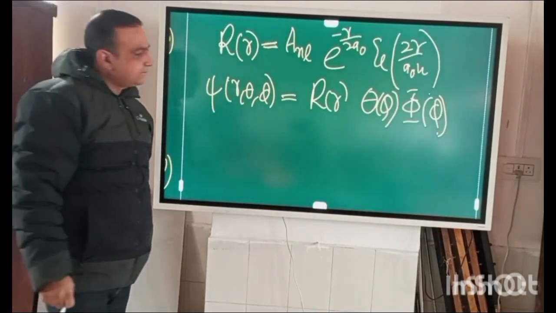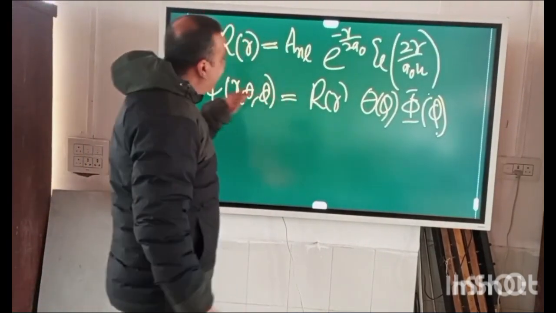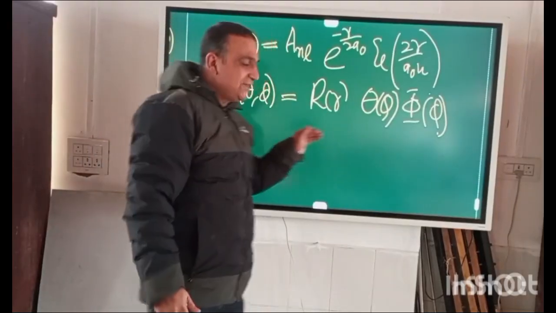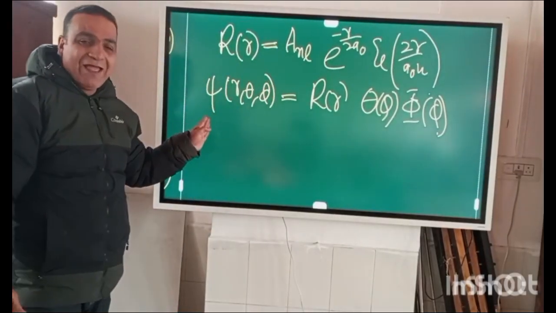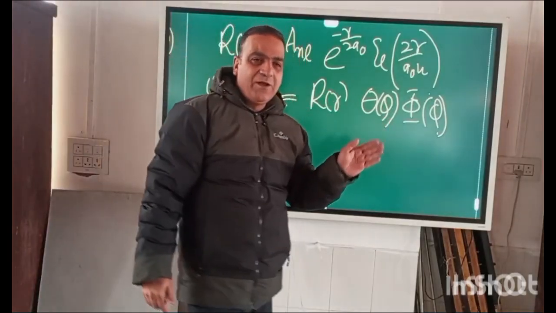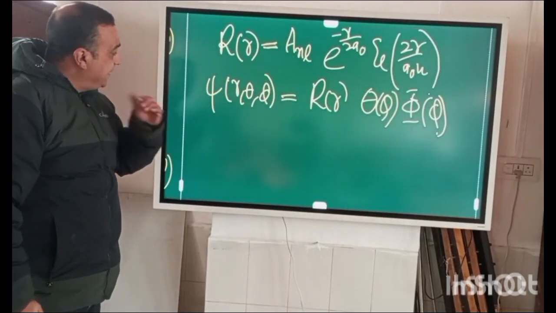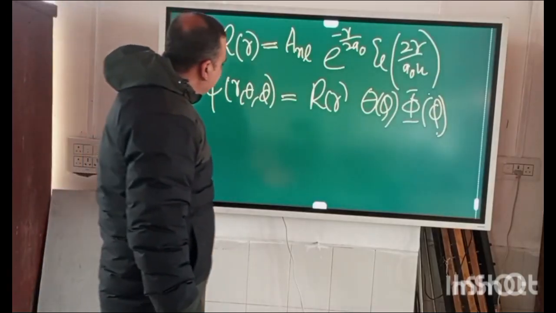So in principle, you have to write down all of these solutions, and then you will have the complete wave function. You will have the complete solution for the problem of hydrogen atom in spherical polar coordinates.